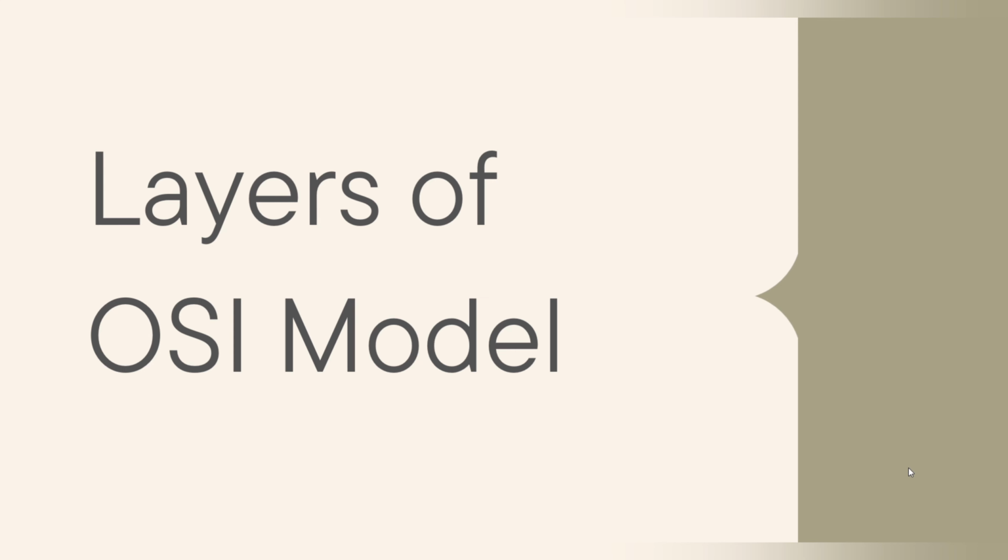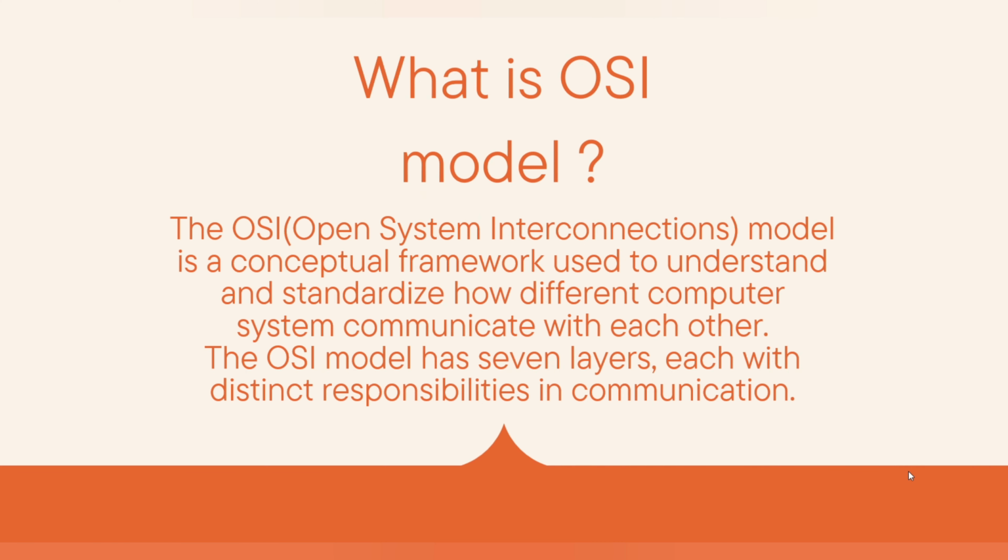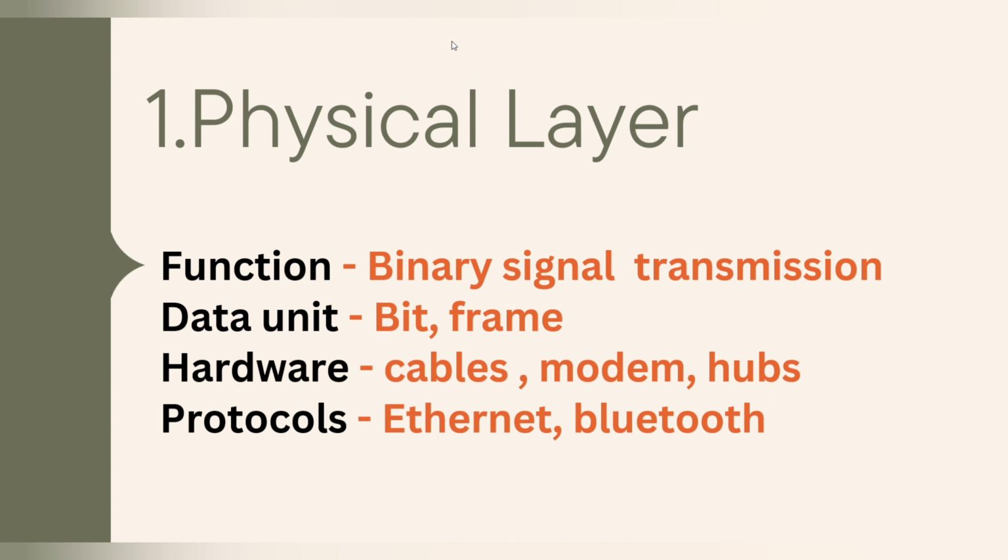The OSI model is a helpful framework for understanding networking concepts, troubleshooting network issues, and designing network protocols. It's worth noting that in practice, not all networking protocols or technologies strictly adhere to the OSI model, but it serves as a useful reference for discussing and understanding networking principles and functions.